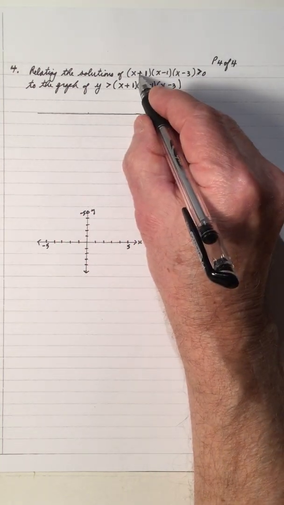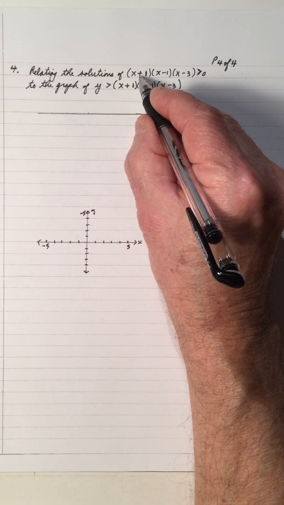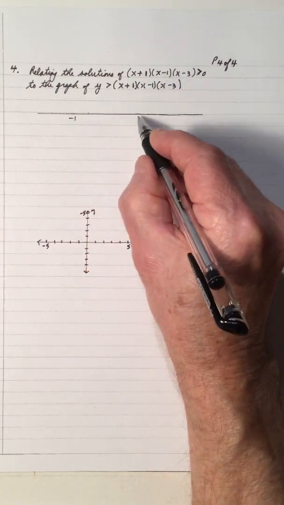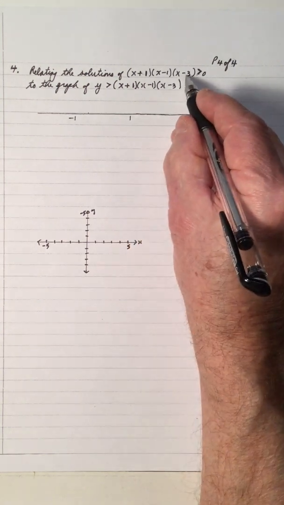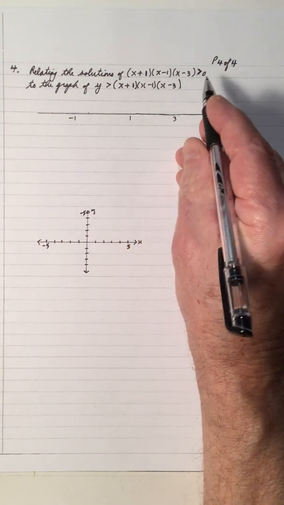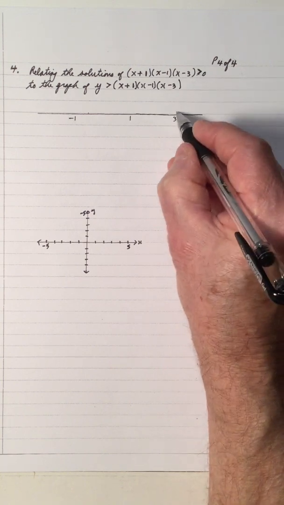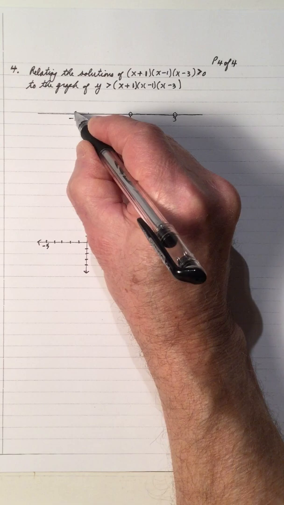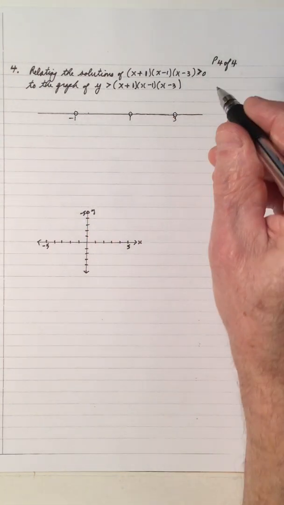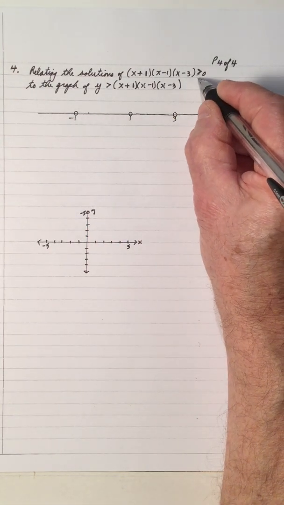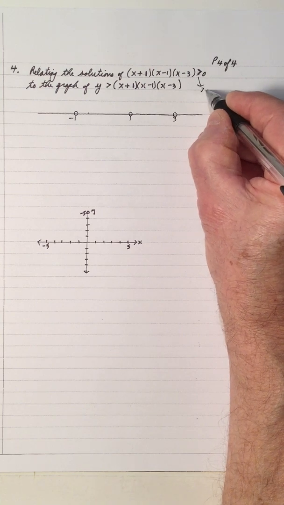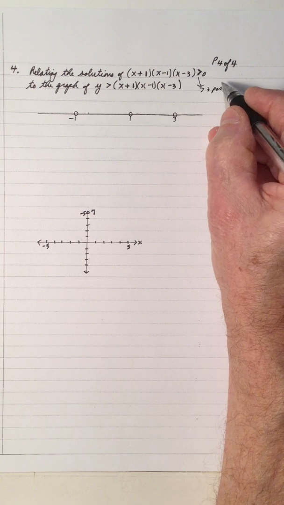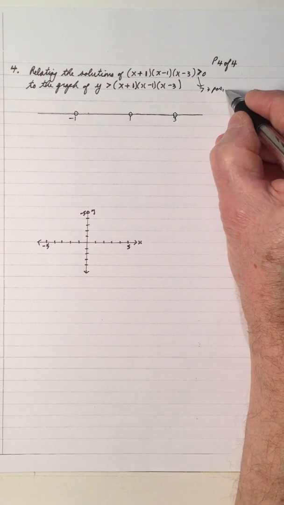So x is negative 1, which stays here. X is 1, that stays here. And x is 3, it stays here. And it's hollow. It's not equal to, so it's hollow. And notice, because it's greater than, we're looking for the positives, and it's not included.